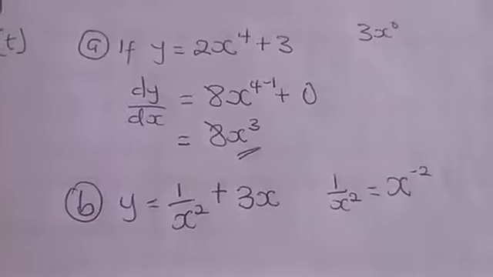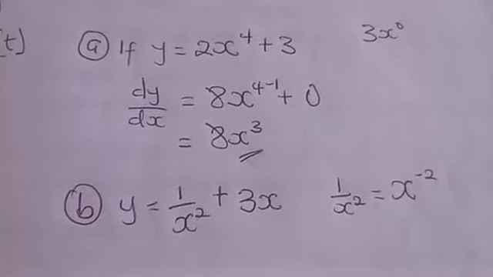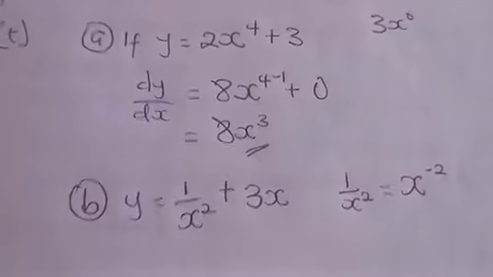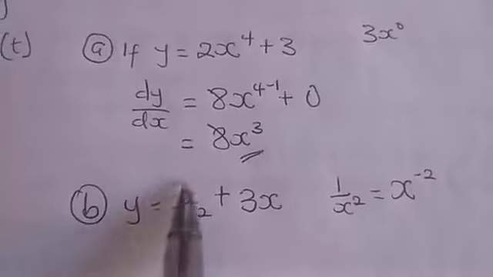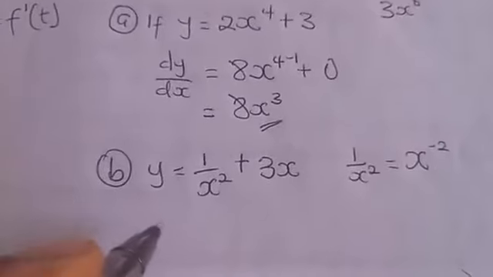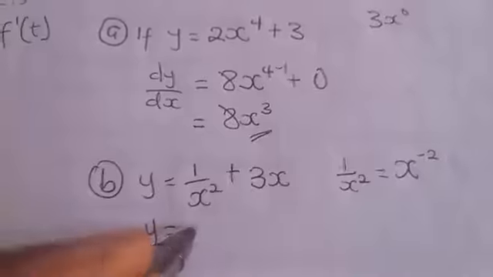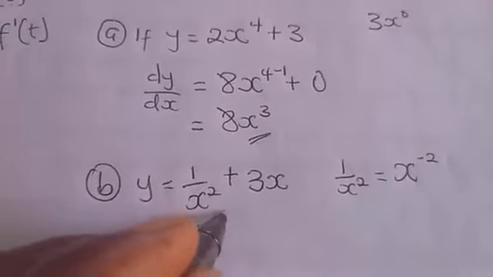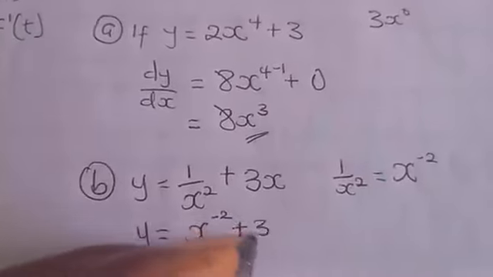That's the fractional law in indices. So in order for us to have this particular function expressed linearly, we can have y equal to x raised to power minus 2 plus 3x.